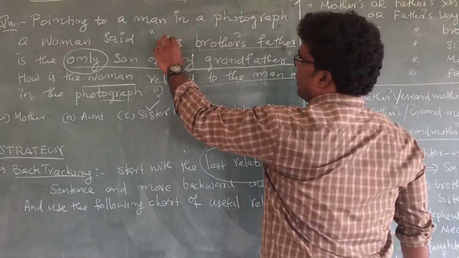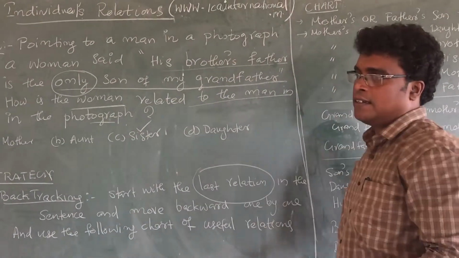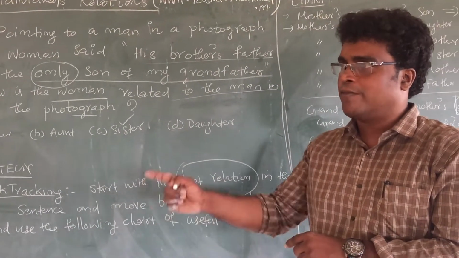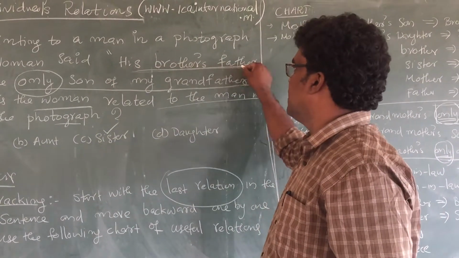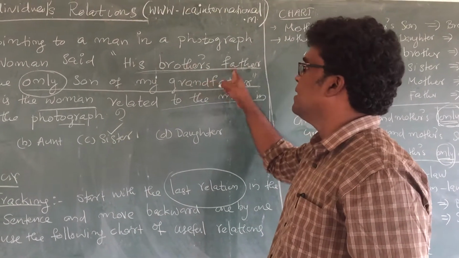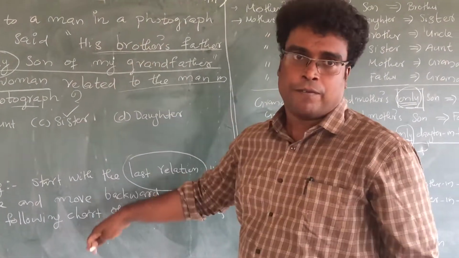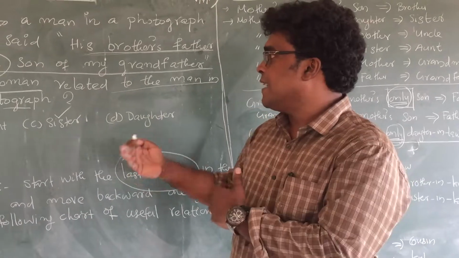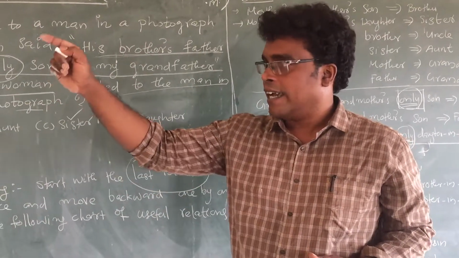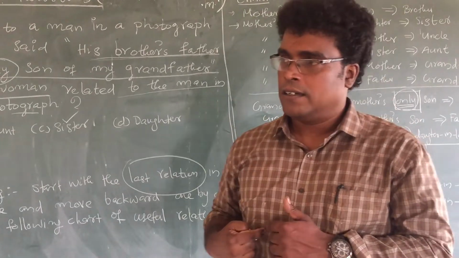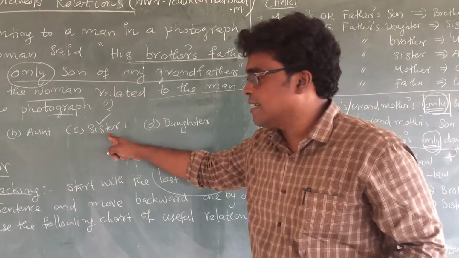So the whole thing now becomes his brother's father is my father. His brother's father is his father itself. So his father is my father. The woman says, pointing to the man, that his father is my father. So the woman must be his sister. So the answer is sister.